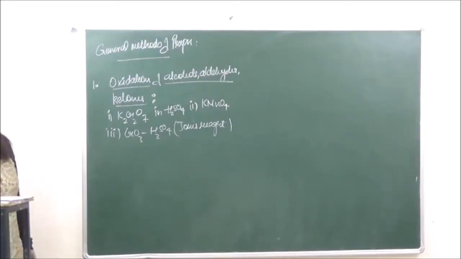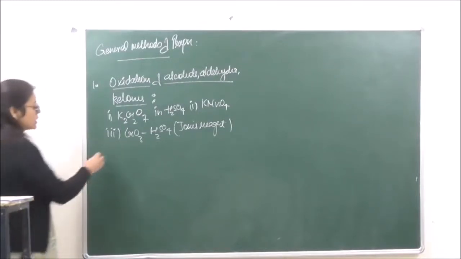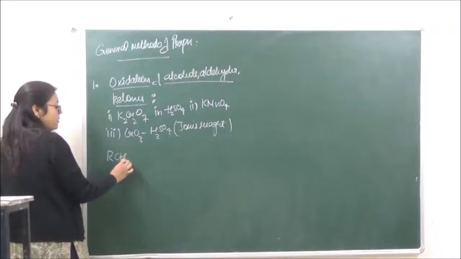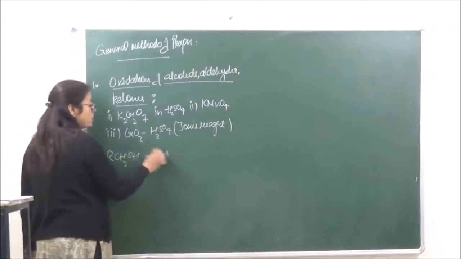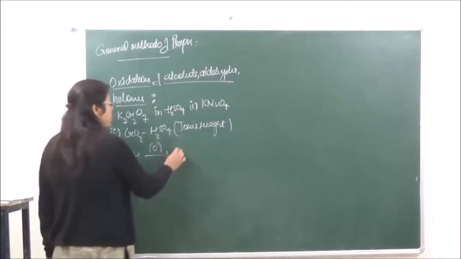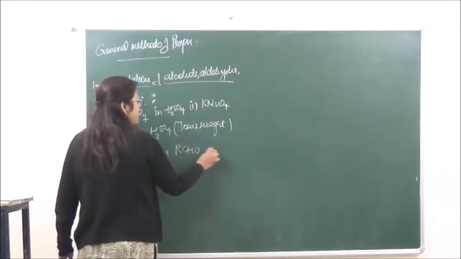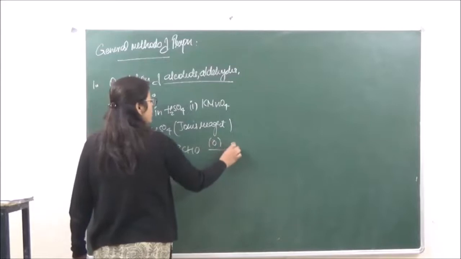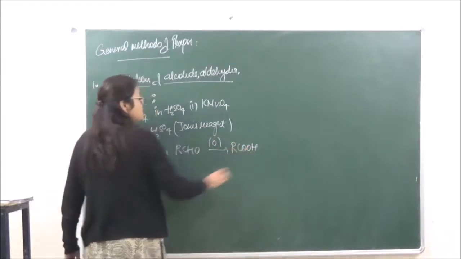Now over here, when we're talking of oxidation of alcohols, we've already studied that the first compound which we are going to get is an aldehyde, which is going to further get oxidized to RCOOH.